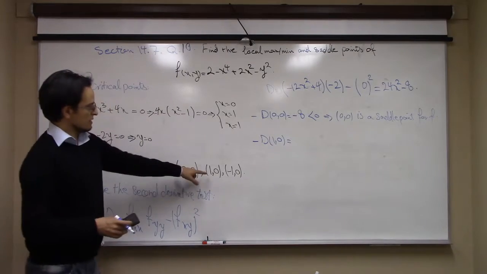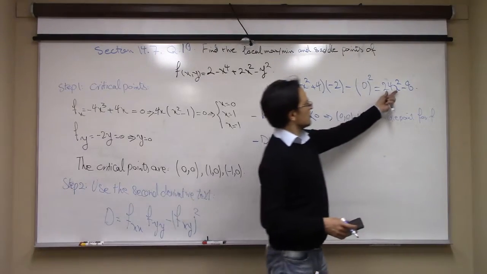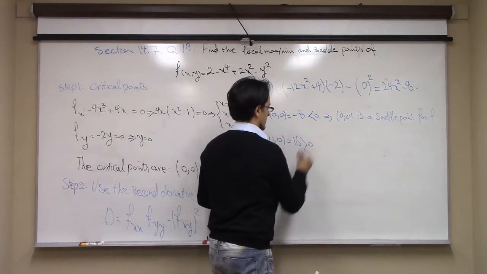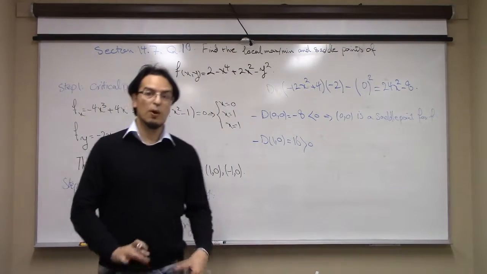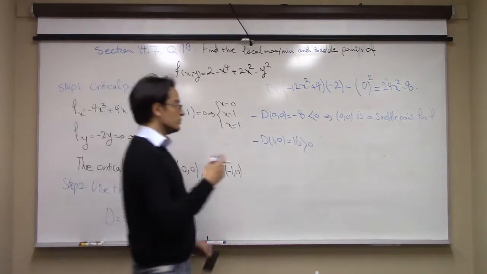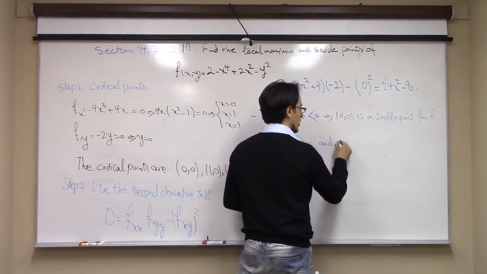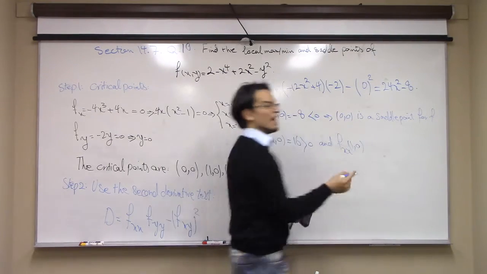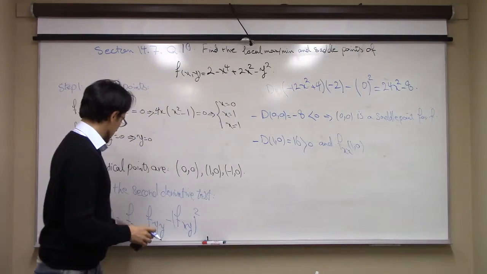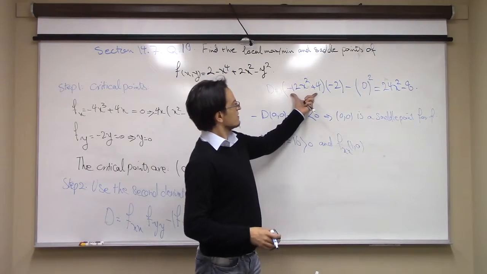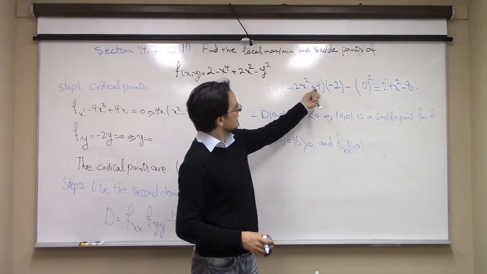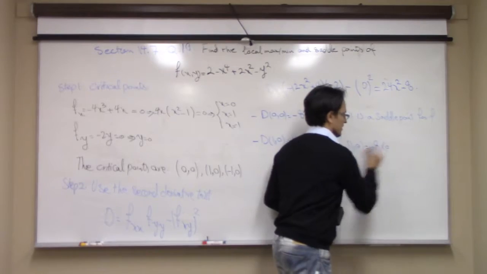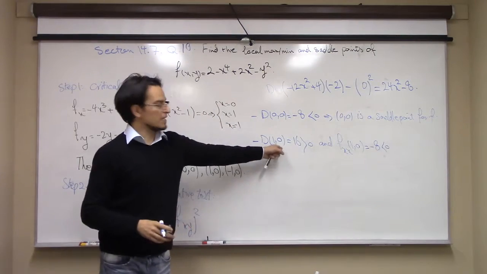So (1, 0), I'm plugging in (1, 0) here. I get 24 minus 8, which is 16. If D is positive, you have to do another part of the test, which is to plug your point into fxx. I already have fxx, which is this part. Plug in 1 here, I get minus 8. It is negative.